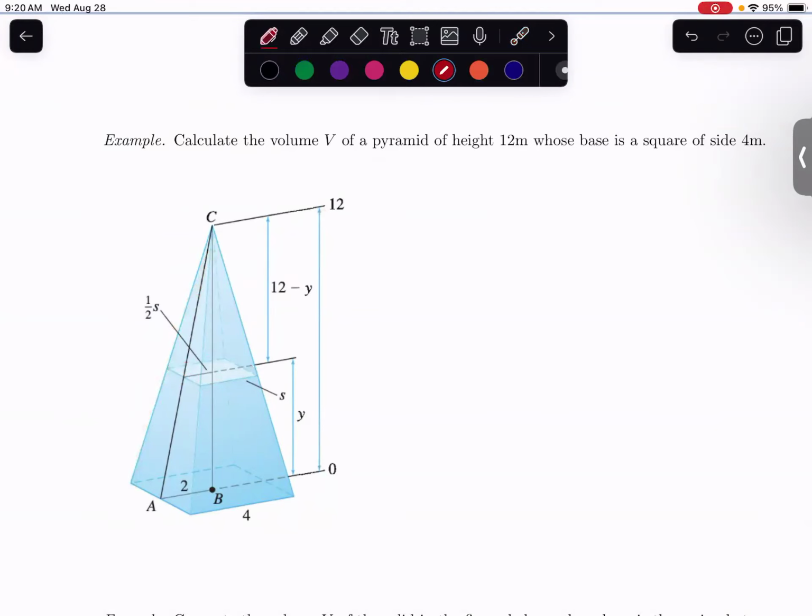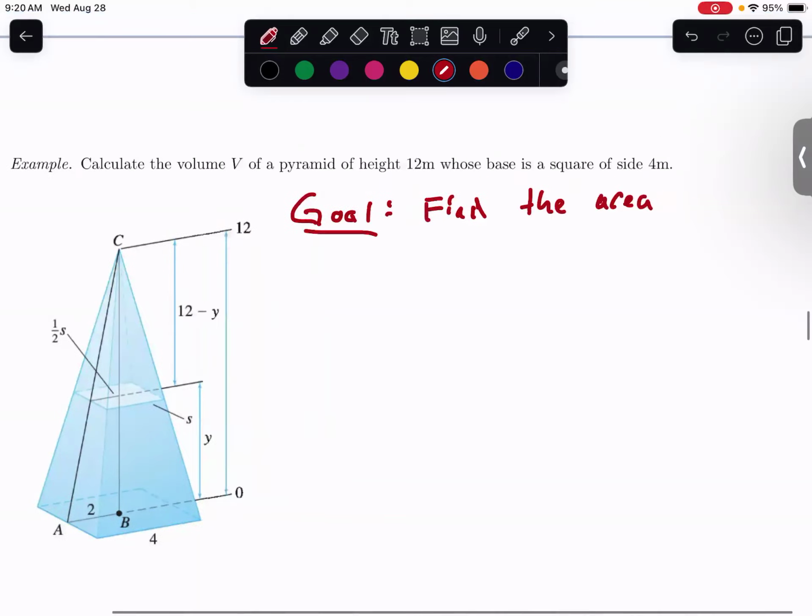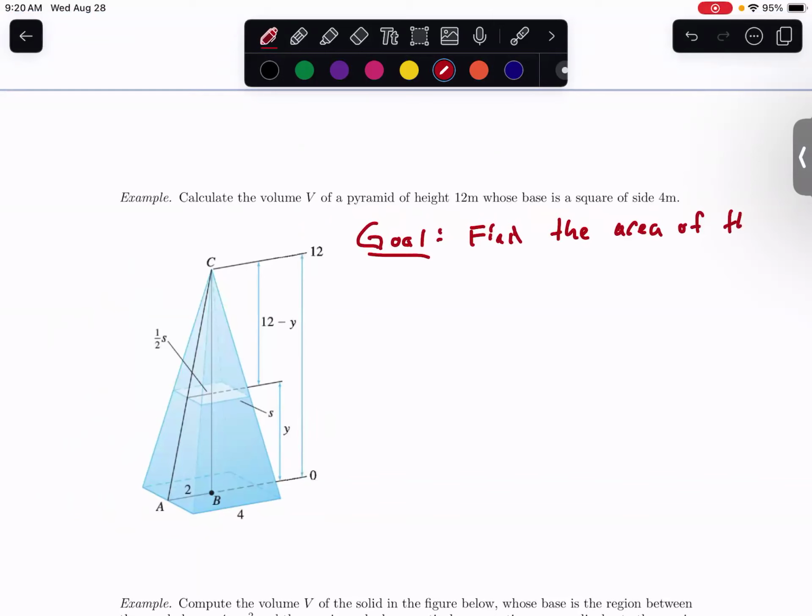So the goal is the following. We want to find the area of the square cross-section in terms of y.